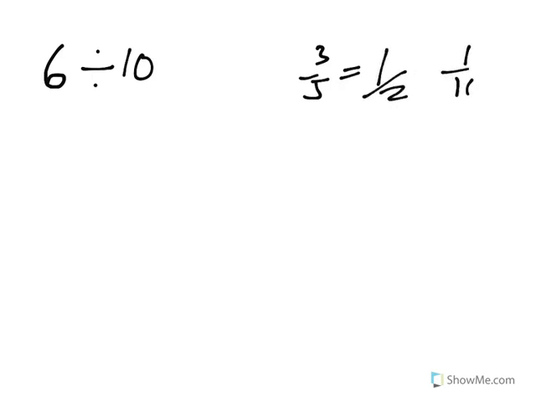Now, in the previous lesson, I showed you that 6 divided by 10, which is basically 3/5, divide 6 loaves of bread among 10 men. And I said they wrote it as 1/2, 1/10.